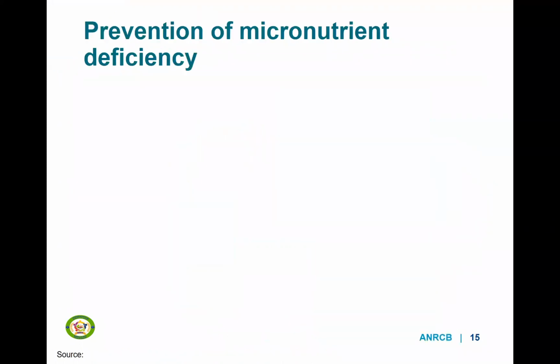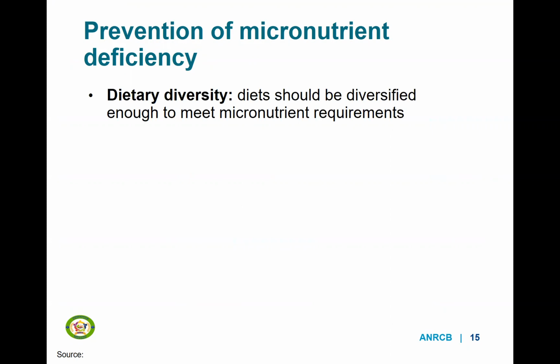So how do we address particularly micronutrient deficiency, since that is so widespread throughout the world? There are a few strategies, and the best approaches are always to do multiple strategies at the same time. In an ideal case, all people will have a very diverse diet so that they eat many types of food. They achieve the balanced diet that we discussed, and therefore can meet their nutritional needs.